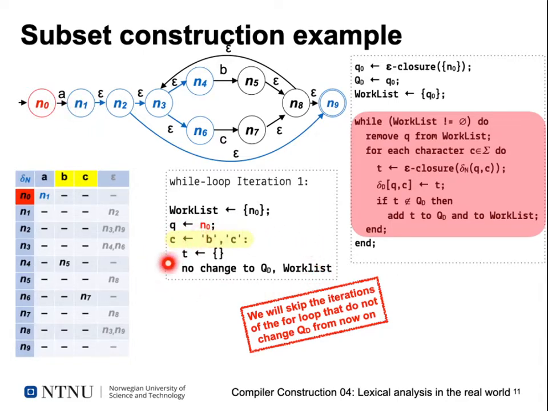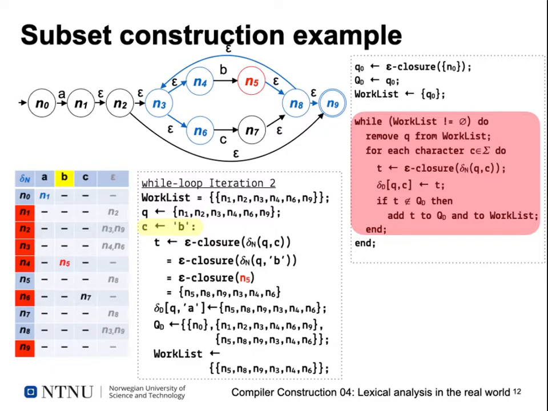So there's nothing happening. Our T is empty. There's no change to Q0. There's no change to the work list. And you can see it in the state diagram of our NFA here in the state table, that there's actually no reachable state if you have a B or a C as an input when you're in N0. So in future iterations, we just skip those which lead to nowhere, so those that don't change Q0.